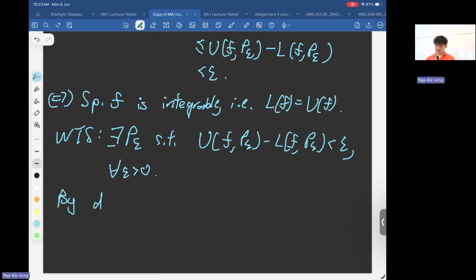By the definition of LF and UF, let's fix an epsilon first.